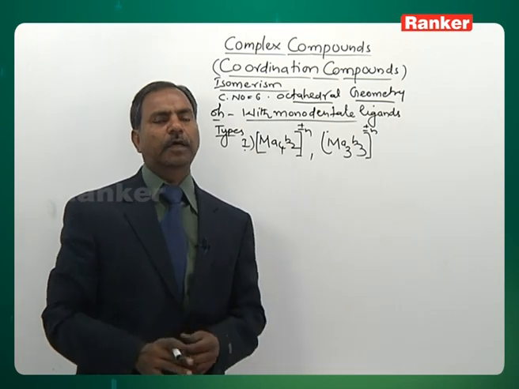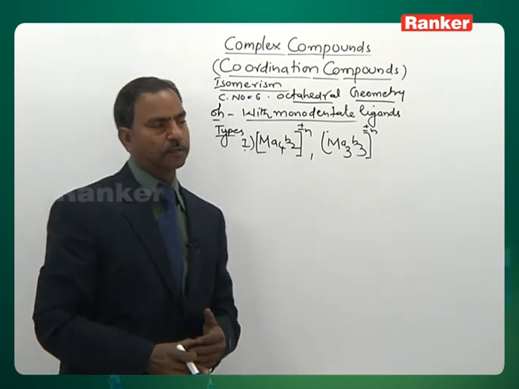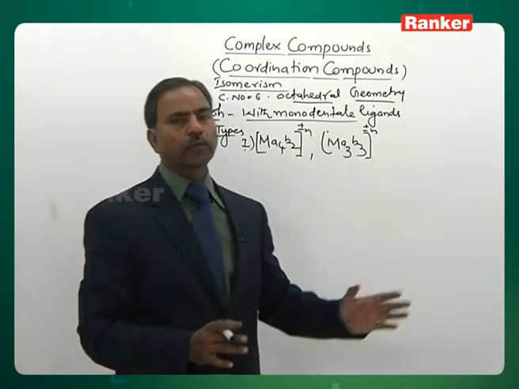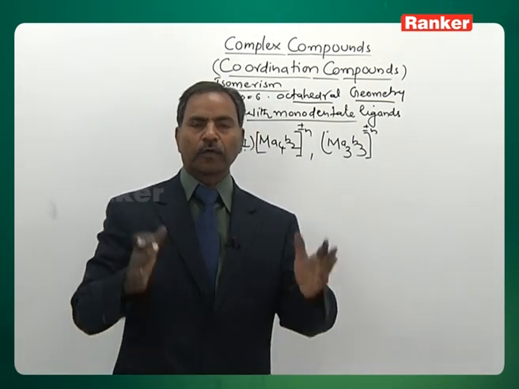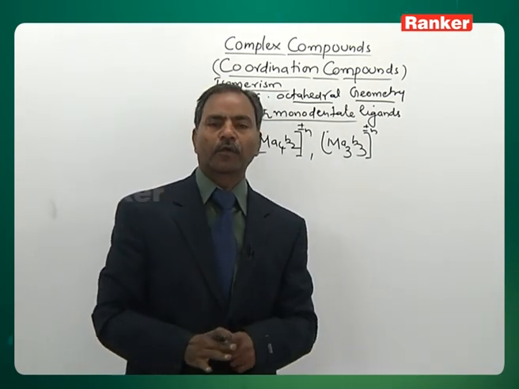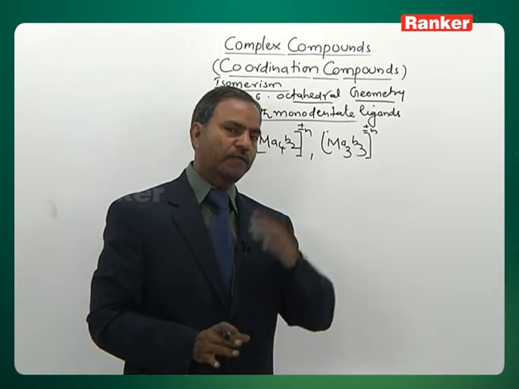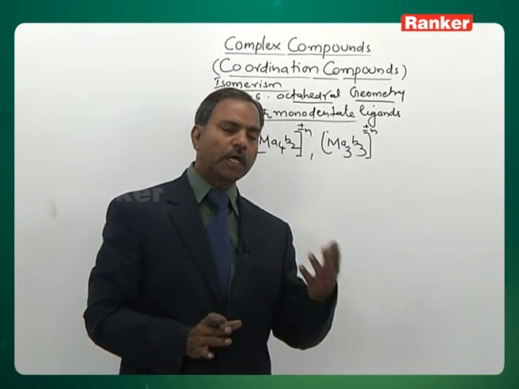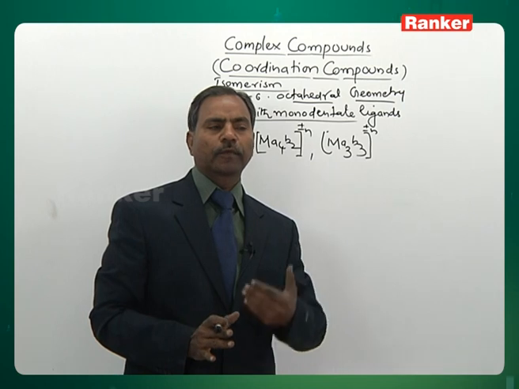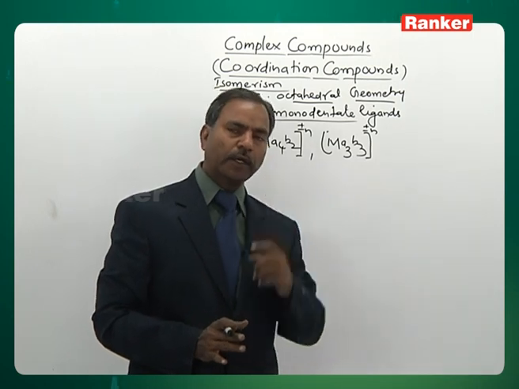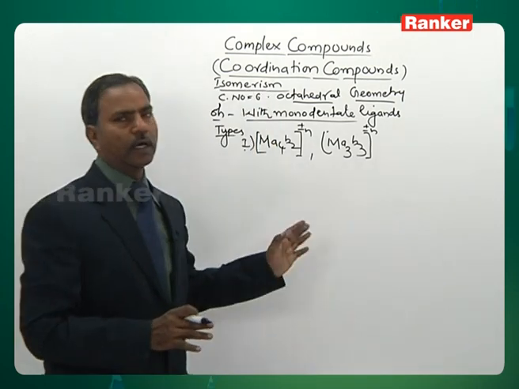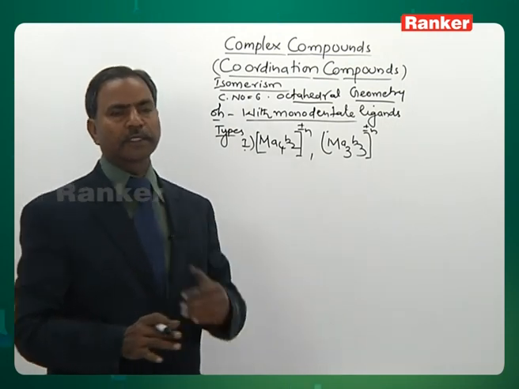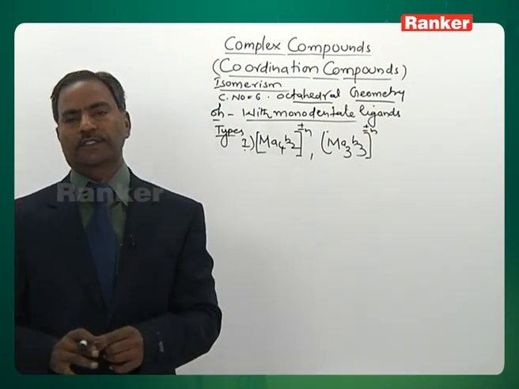Either you take the cis isomer or the trans isomer, cis and trans isomers of both of these complexes are found to be symmetric. We can cut them into equal halves. They obey symmetry elements, either plane of symmetry, center of symmetry, or axis of symmetry. These are symmetric complexes, either cis or trans geometries.